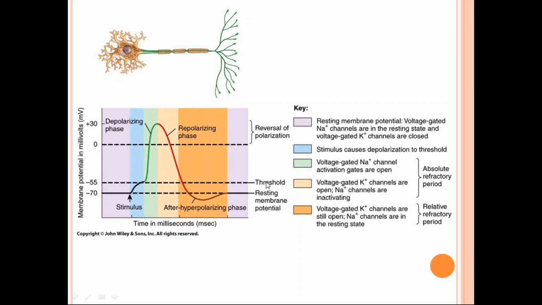That's called threshold. Guess what's at threshold? Do you remember when we were talking about the trigger zone and the very first domino? The first domino's at minus 55. So this is where the graded potential is built up enough to knock over the first domino.